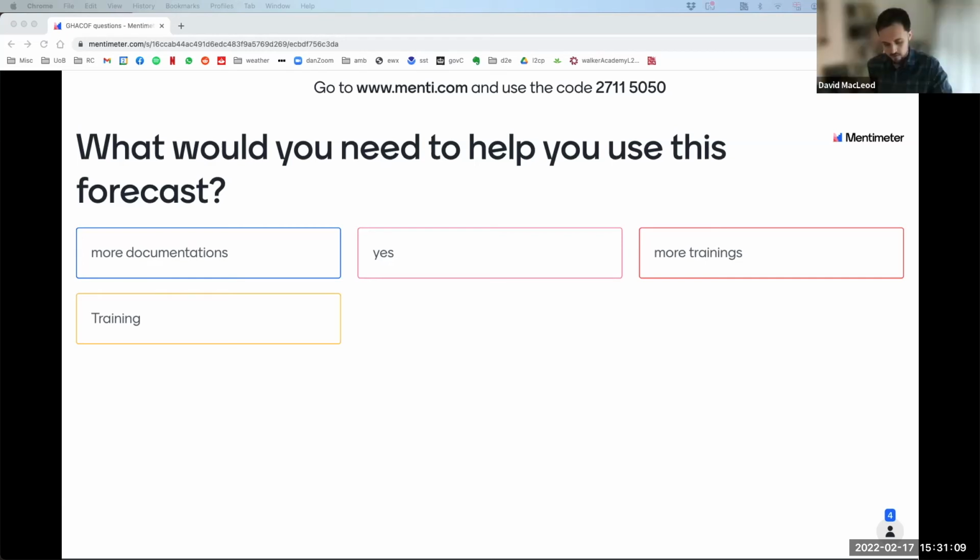We've had someone else interested in training as well. I think that's a critical part of this. Just to add to those comments, we could train on the use of the model and also on the generation of forecasts, because in this example, we're showing the integration of the modeling system with the GHACOF terrestrial probabilities, but in theory, it could be used with other probabilities.